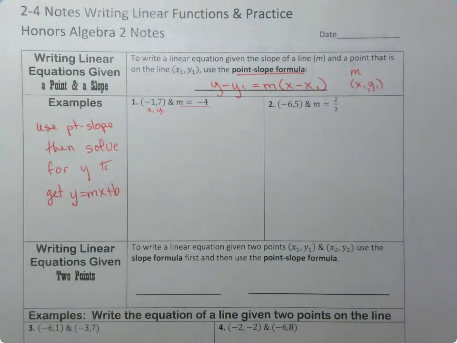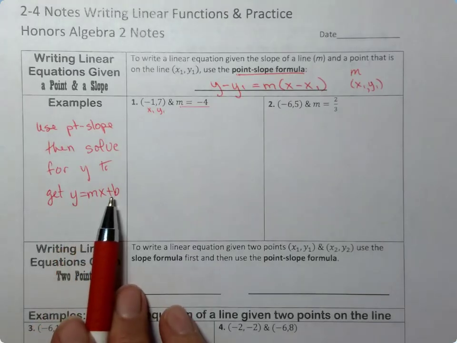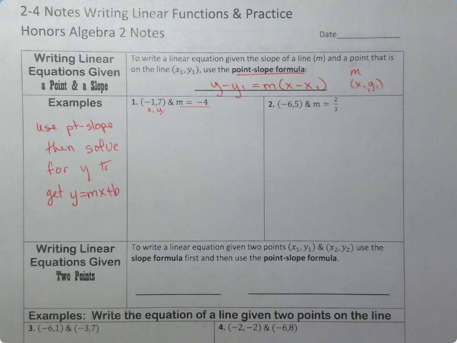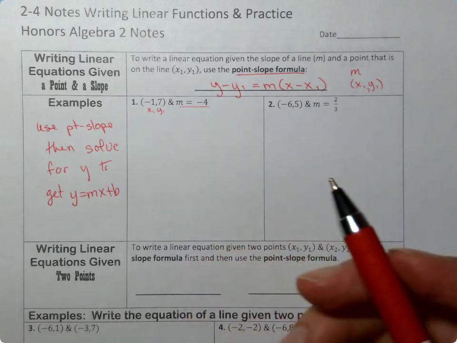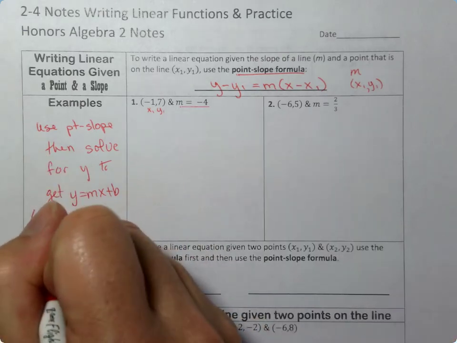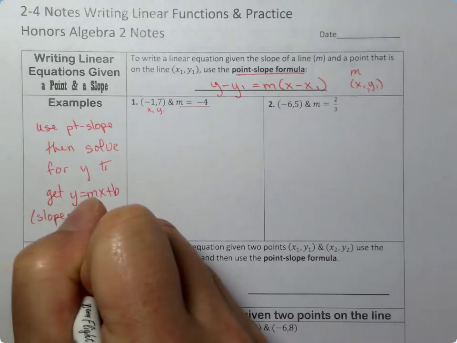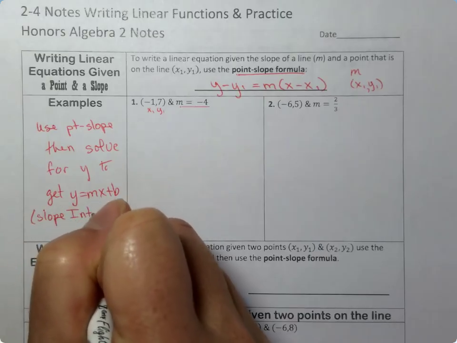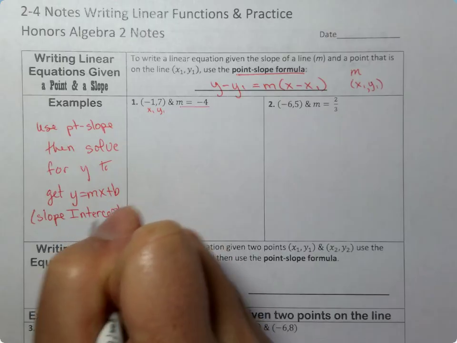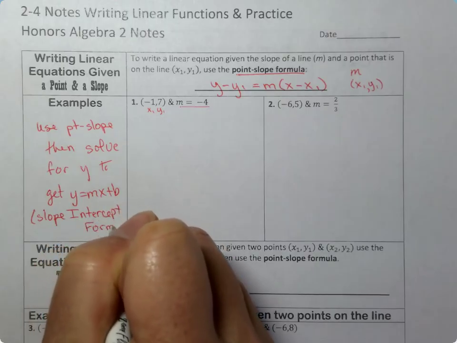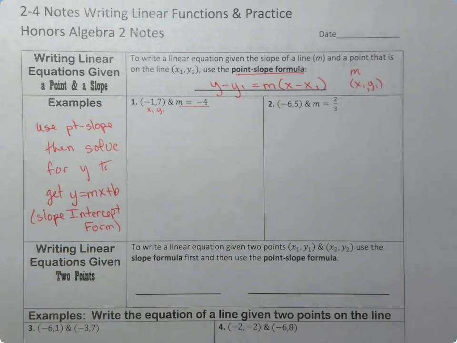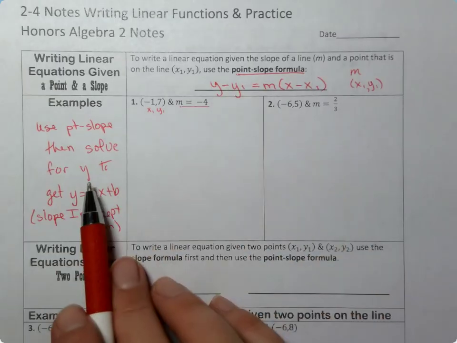What's the name of that? Like, if I say y equals mx plus b, what's the name of that? You can say it. Slope-intercept form, isn't it? Slope-intercept. Okay, so we're going to use point-slope, and then we're going to solve for y.